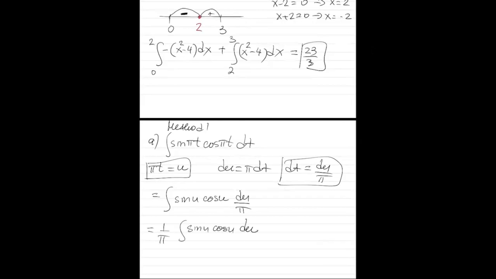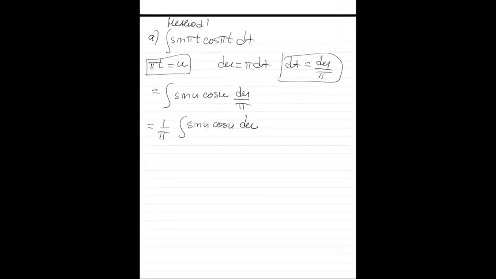That reminds me of a formula from trigonometry: sine of 2x is 2 sine x cosine x. It's not exactly the formula because I'm missing a 2. But if I multiply by 2 and divide by 2, like this, then I'll have exactly the formula. And that becomes sine of 2u du.